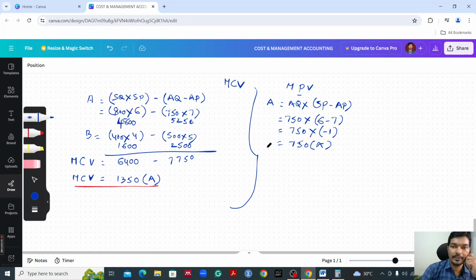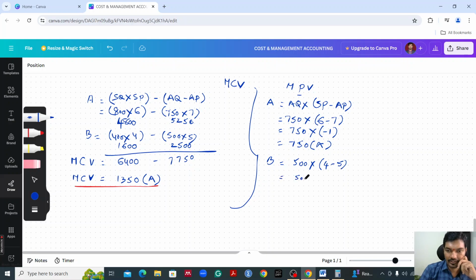Similarly, material B, the actual quantity for material B, 500 units, is multiplied with the standard price 4 rupees, the actual price is 5 rupees.